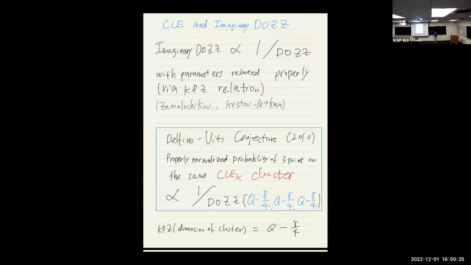And then as delta tends to 0, this will converge to a limit that does not depend on the underlying lattice of percolation. And this number is a universal number, which only depends on the scaling limit of percolation, which is called CLE6. And this Delfino-Viti conjecture says this limit equals this, in the case gamma equal to square root of 8/3.